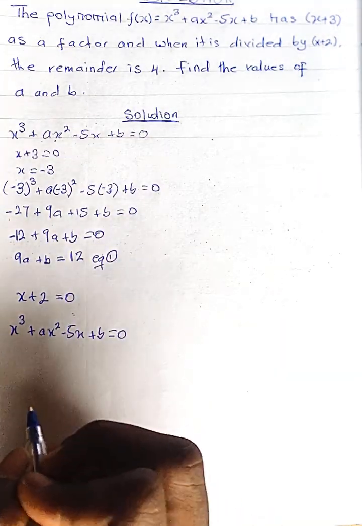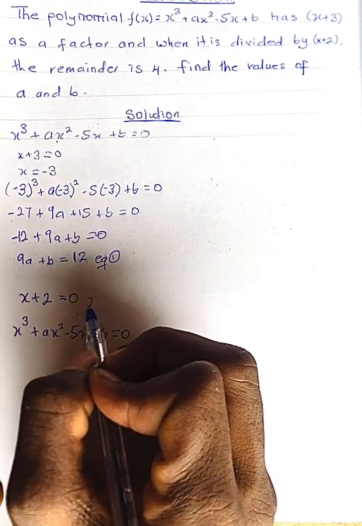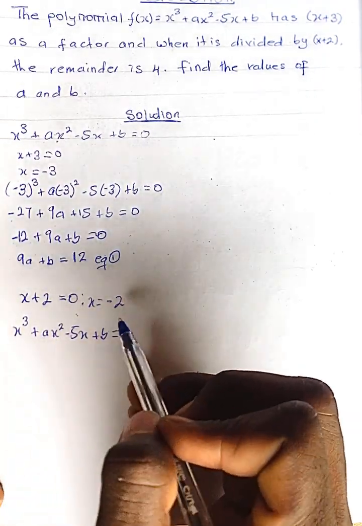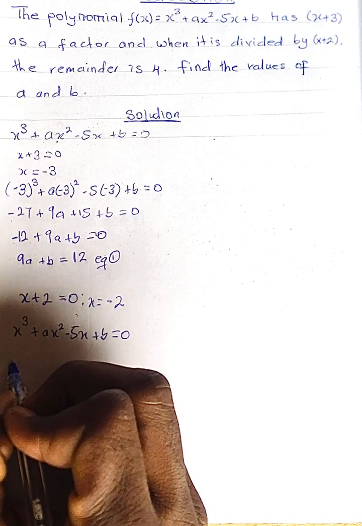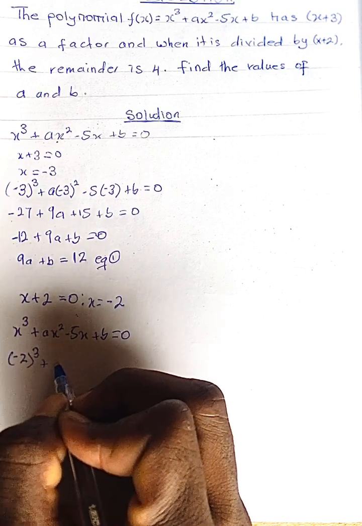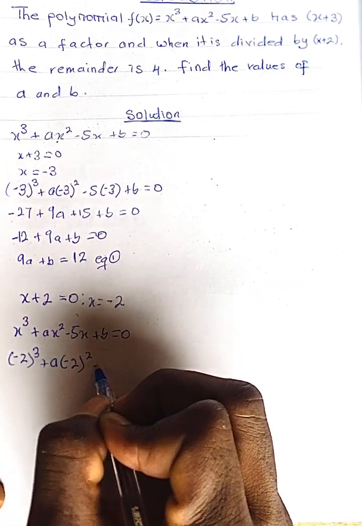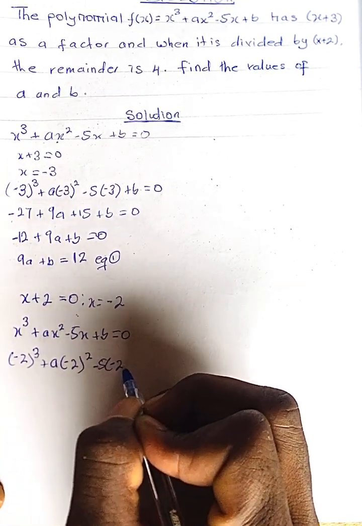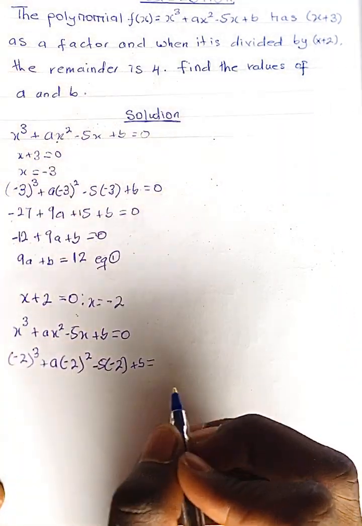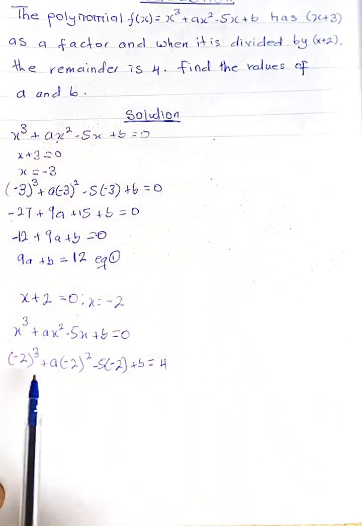So x will be equal to negative 2. Whenever we see x in the function, we put negative 2. So it will be negative 2 cubed plus a into bracket negative 2 squared minus 5 times negative 2 plus b. This is equal to 4, because they said the remainder is 4.